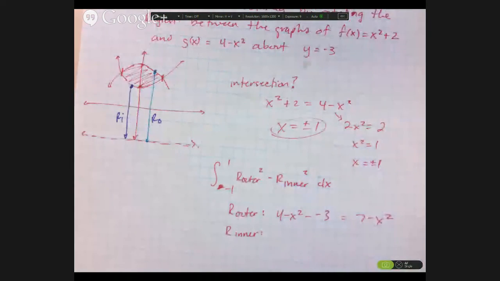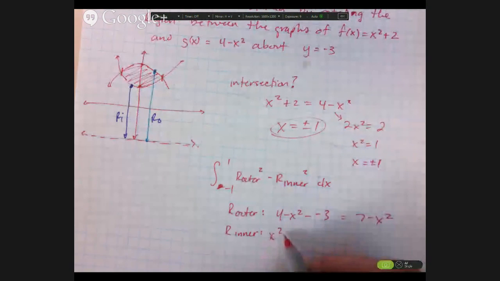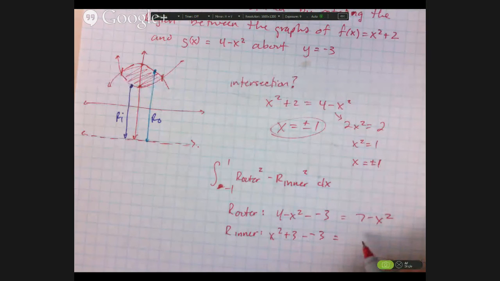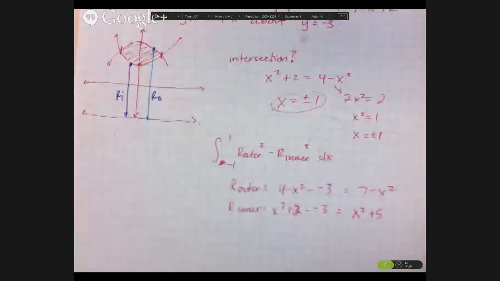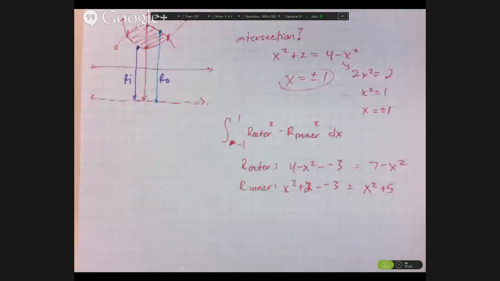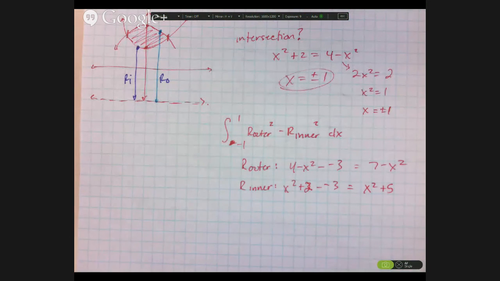Minus negative 3. Sorry, that should be a 2. Right. Okay, so all you're doing is subtracting that horizontal line's value out. You okay with that? Silence is kind of deafening.